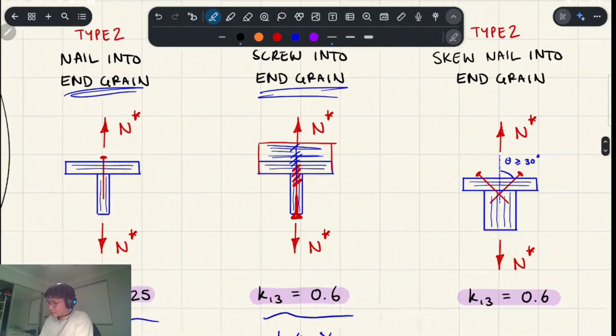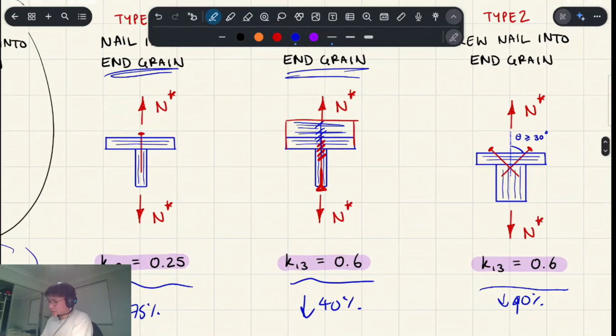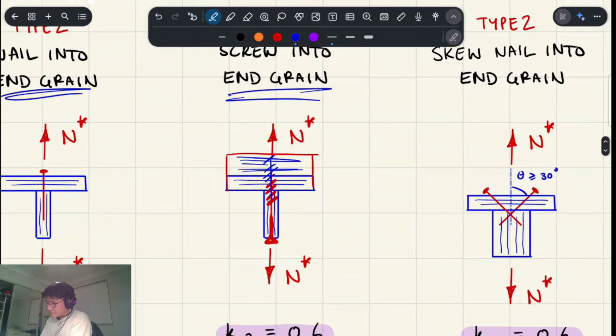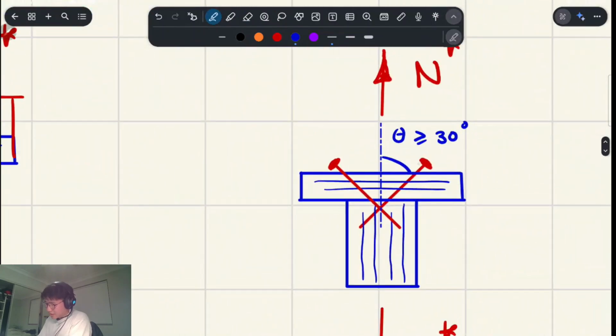And then lastly we have skew nail into end grain. This might seem bad because you're reducing it by 40%, but remember this is with nails. This is essentially as good as you're going to get for nails, if you think about this arrangement.